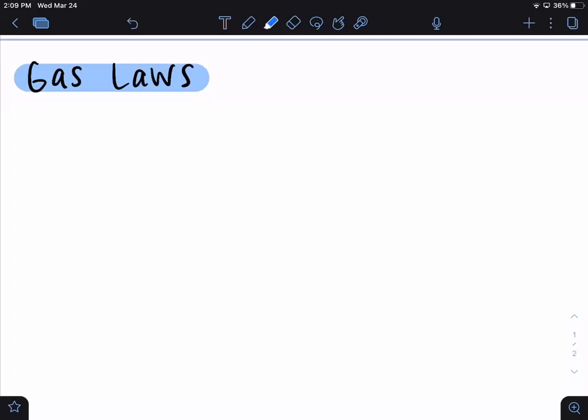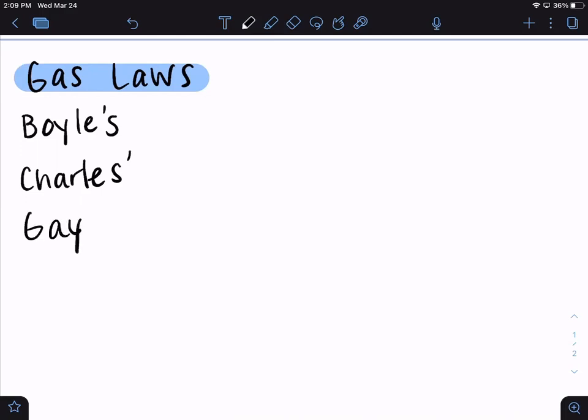Gas laws that you need to know, and the most known would be Boyle's, Charles. And we can go so far as to list a couple of other ones.